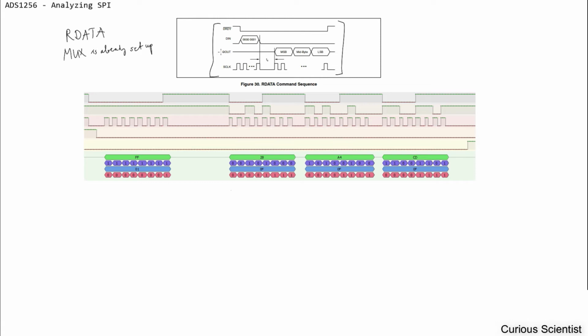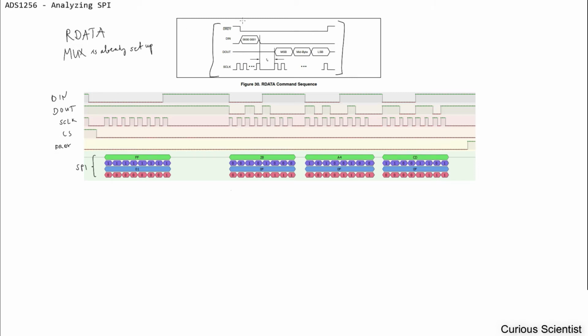So what we can see here is we can just define the pins or the signals again. So D in, D out, and then clock as well, and chip select and data ready. And here we have basically the translated data for the SPI, but we do it manually just to practice.